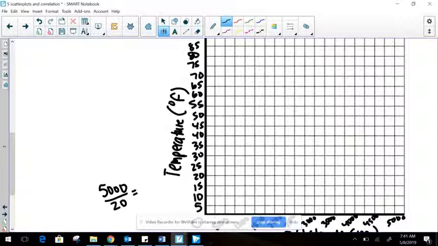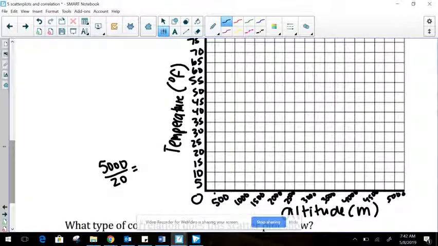Okay. All right. Now I'm going to plot all of my data points. So you could see up when I wrote them as points up above here. Okay. So the first one is 0, 59.